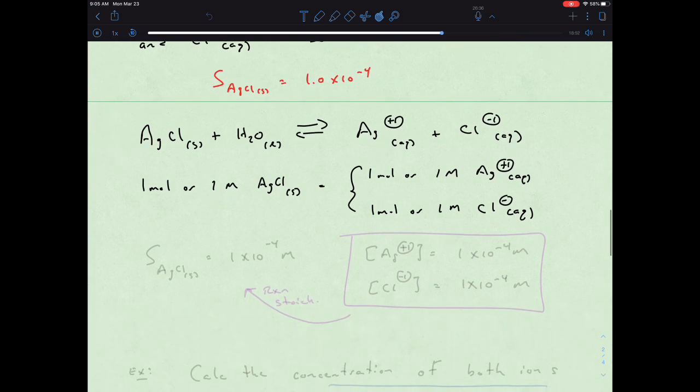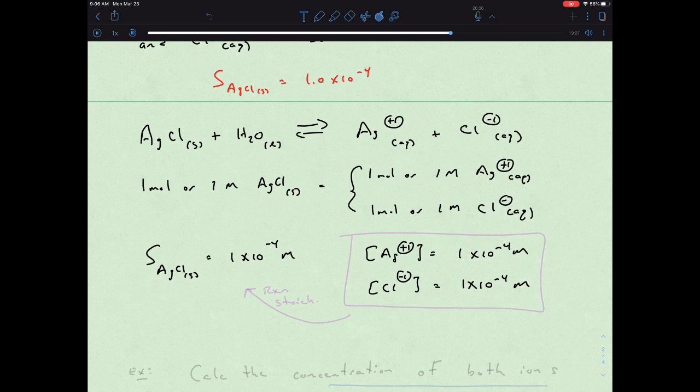So if the molar solubility of the silver chloride was equal to 1 times 10 to the negative 4th molar, that means our concentration of silver plus 1 is also equal to that value, as well as our chloride species.